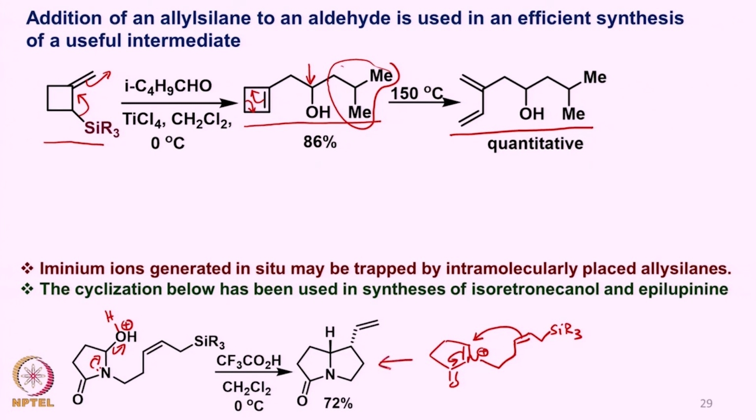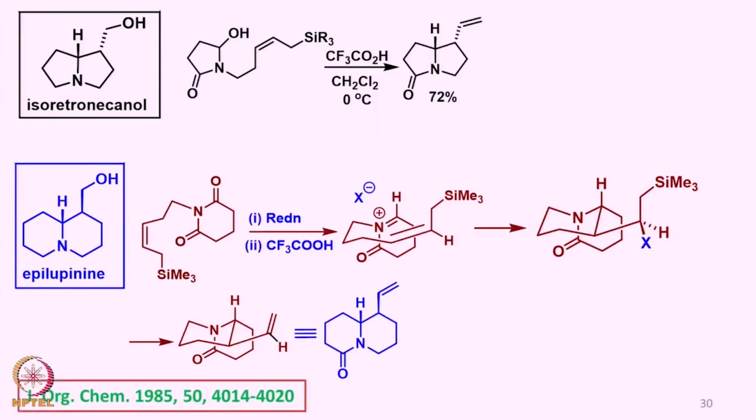Now this particular substrate, and also another substrate, have been converted into 2 natural products. This 5,5 compound has been converted to isoretronecanol, and then the 6,6-membered ring has been converted to epilupinine. It is something like this, that this is the structure of isoretronecanol.